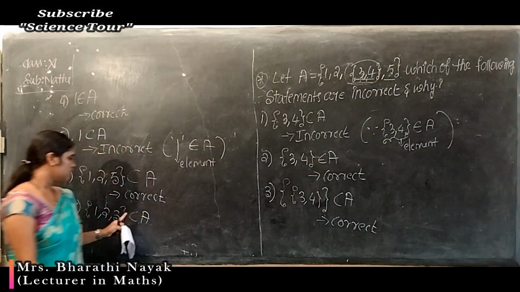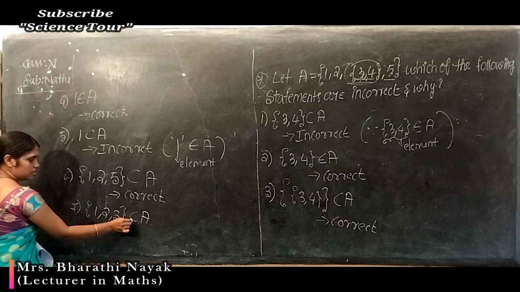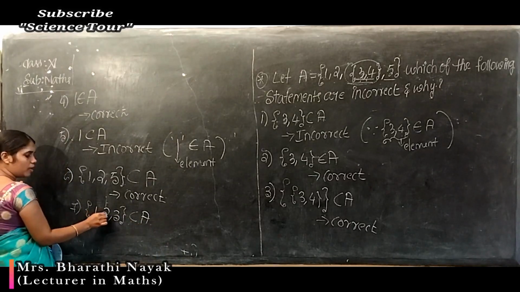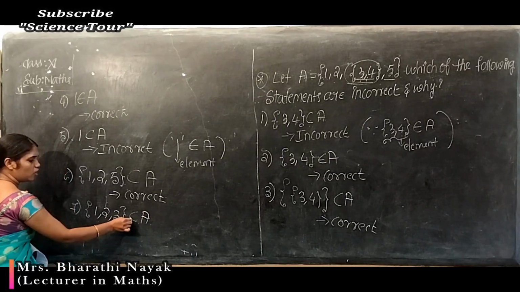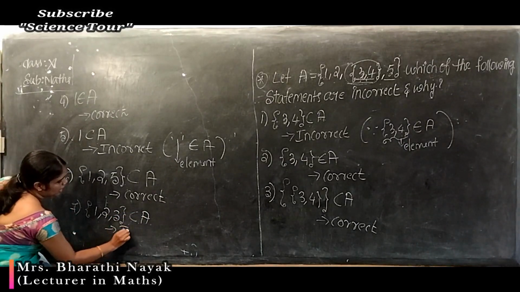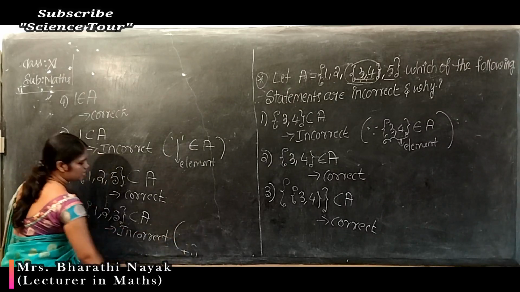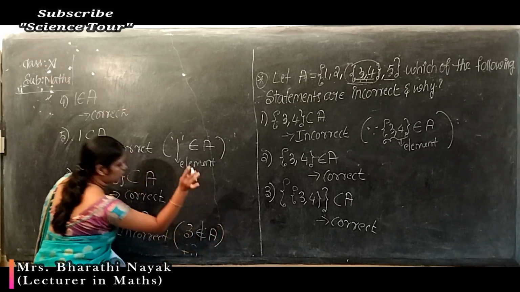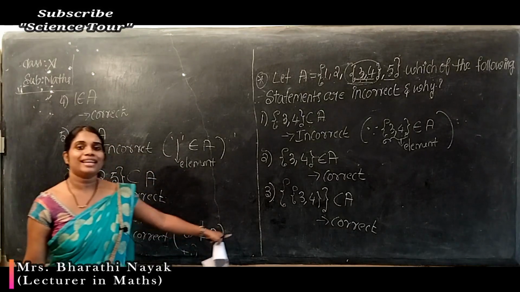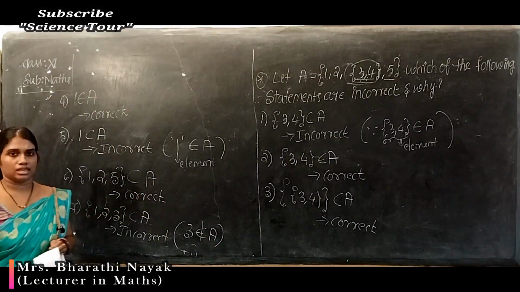So since 3 is not an element of set A, the set containing 1, 2, 3 is not a subset of A. Whatever they have given here, this is incorrect. What is the reason? Since 3 does not belong to A, it will not become a subset of this given set A.